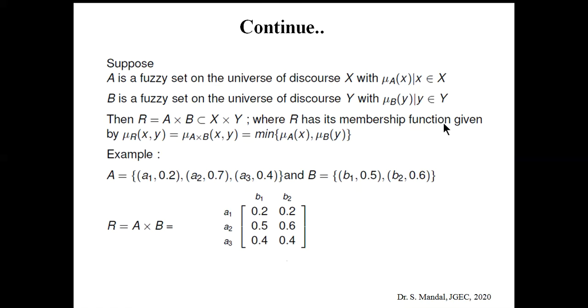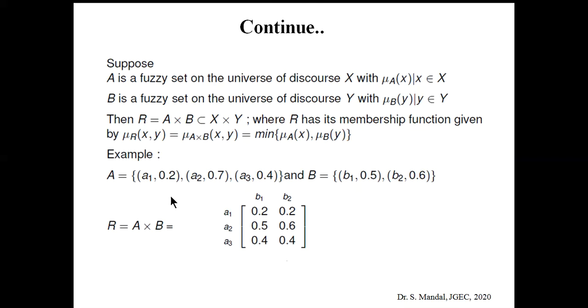and R has a membership function given by mu R of x comma y, or mu A cross B of x, y. We already know the Cartesian product between two fuzzy sets A and B for the elements x and y is given by the minimum of mu A of x and mu B of y, and those are expressed in matrix format.